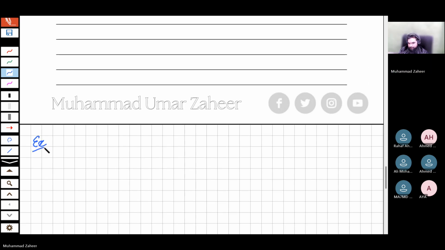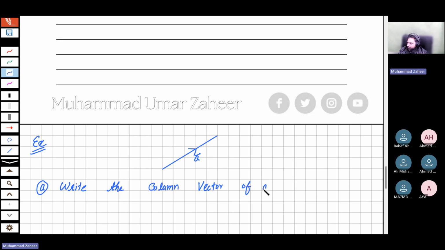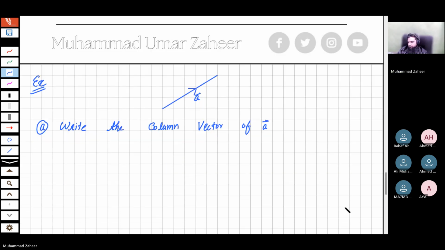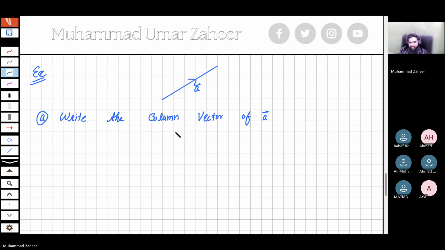We have a question. In the A part, he is going to ask you to write the column vector of A. The column vector of A is equal to (5, 3).